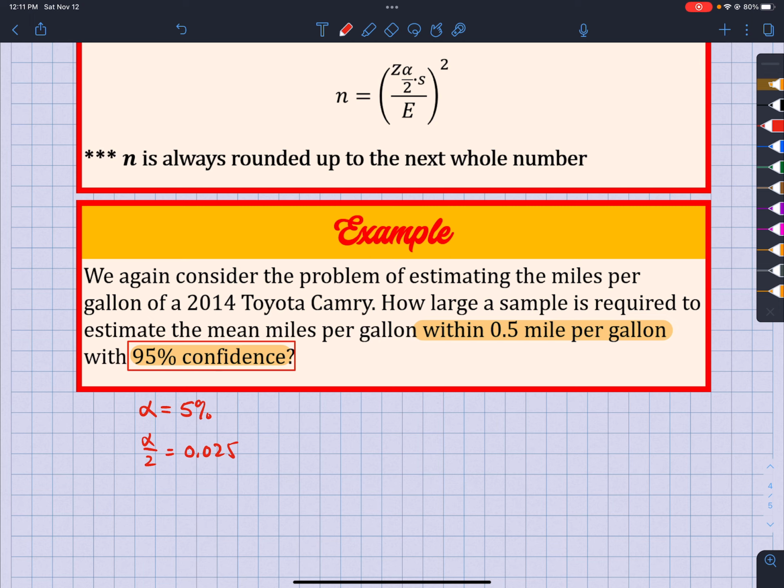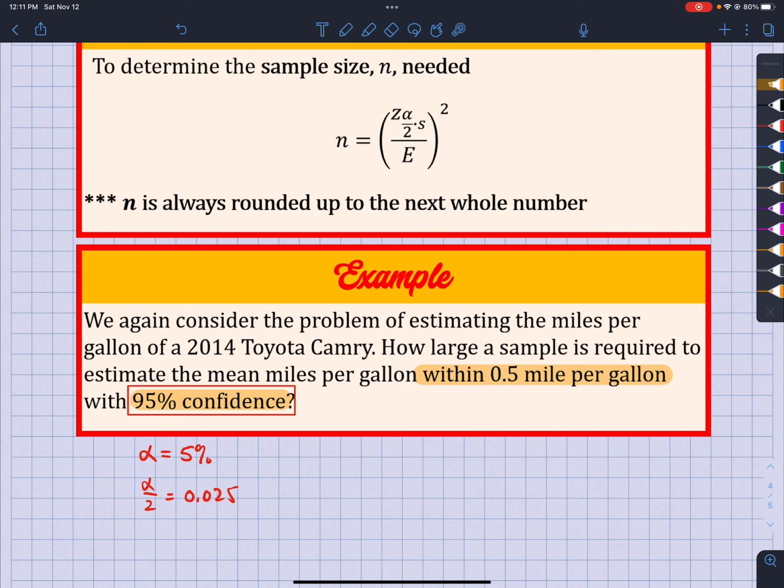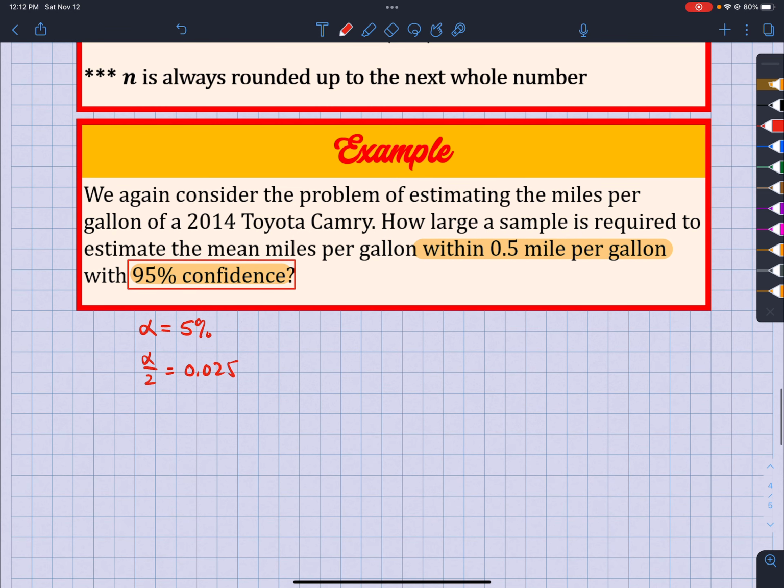And if you notice, because we're looking at sample size, that means there is a very good chance that we're going to be going past that 5% of the population. So that's why it's using Z again. So we're not looking for T of alpha divided by 2. We're looking for the Z of alpha divided by 2. And if you remember correctly, I believe that is 1.96 if you look at the table, or you can do the inverse norm.